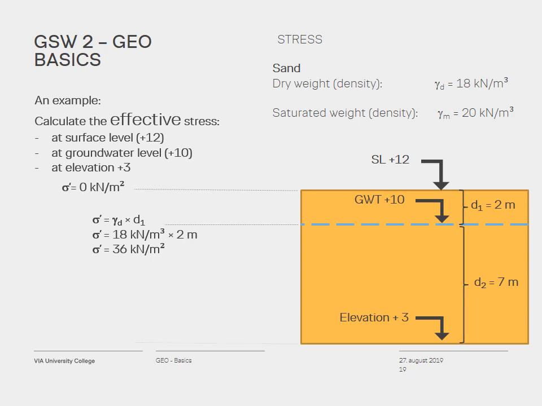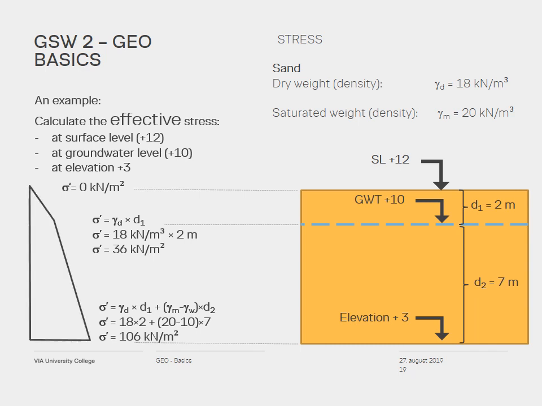7 meters further down at elevation plus 3, the effective stress is the stress from the first 2 meters, the dry density multiplied by depth d1, but then you add the effective weight, or the saturated weight minus the weight of water, which you multiply with the depth d2, giving you an effective stress of 106 kilonewton per square meter.